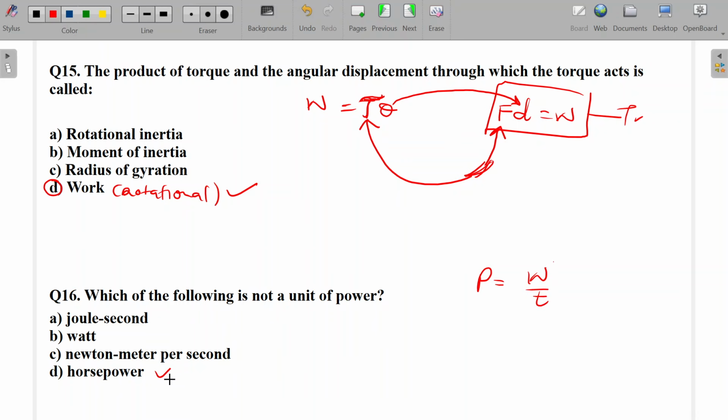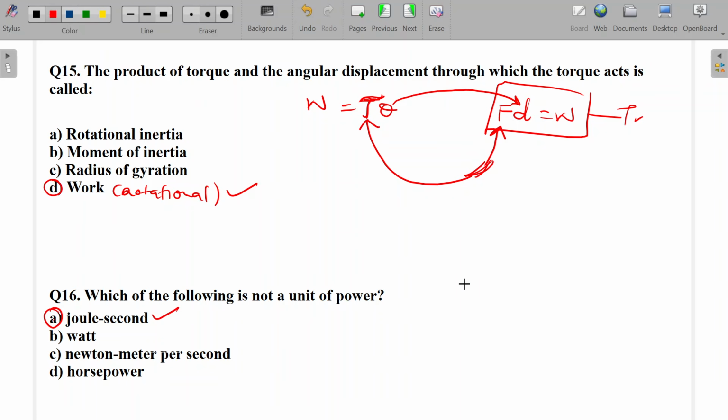So we know that horsepower is a unit. Someone has an answer? A? So the answer is A.